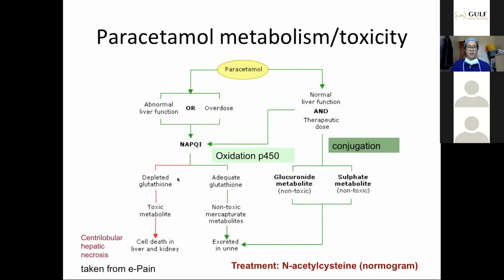But if glutathione is depleted, then you get a toxic metabolite, which leads to cell death in the liver and kidney. Sometimes, if you're doing an MCQ, they might ask what type of liver injury, so that's the answer to that. And then the treatment obviously is with N-acetylcysteine, for which you have to use a nomogram.